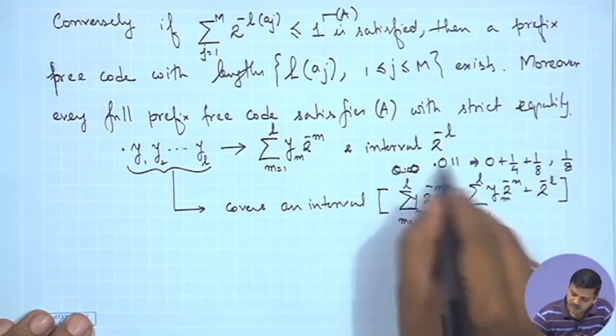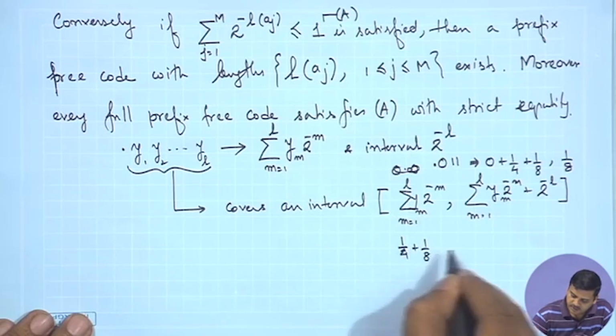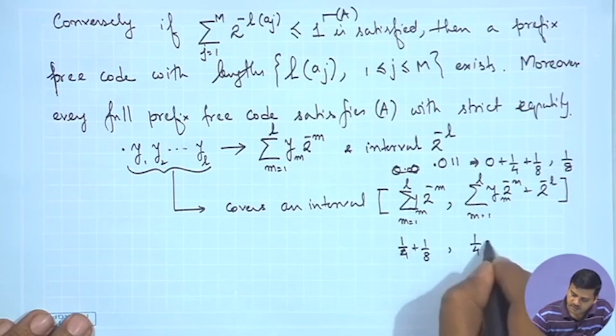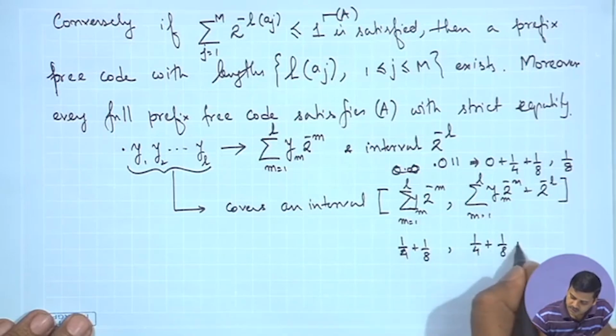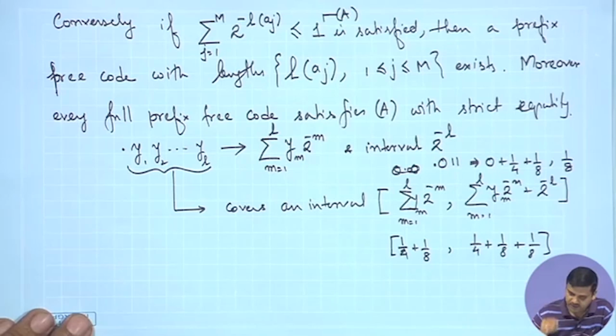So, this particular one covers the region from this to this plus 1 upon 8. This is the interval which it covers.